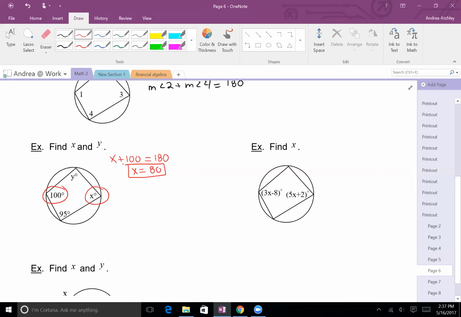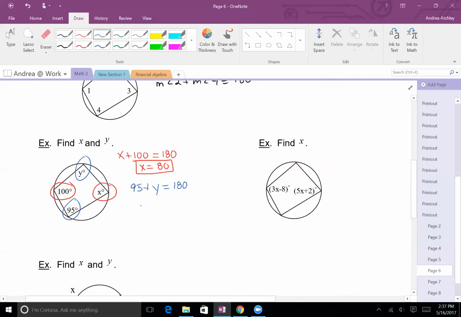Okay, Sydney, what's another equation I can use to find y? So 95 plus y also will equal 180 because those opposite angles are also supplementary. So that means y would have to be 85. Any questions over that?